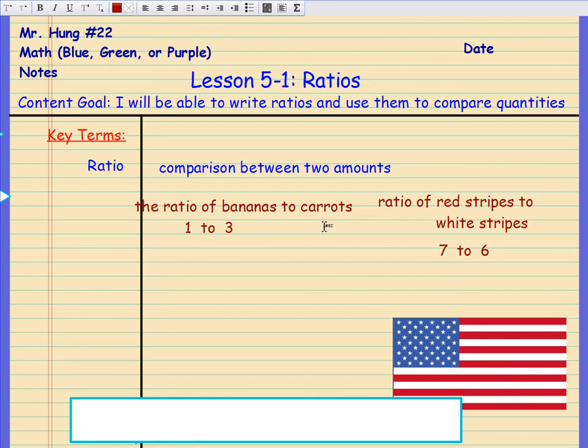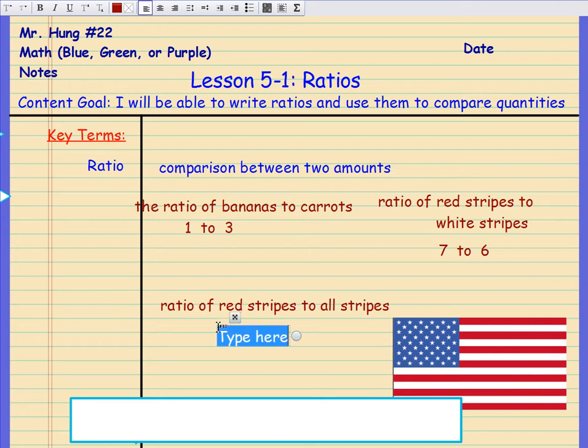Now we don't always have to compare red stripes to white stripes. For example, we can look at red stripes to all stripes. Ratio of red stripes to all stripes. There are 7 red stripes. And how many stripes total are there? There's 13.